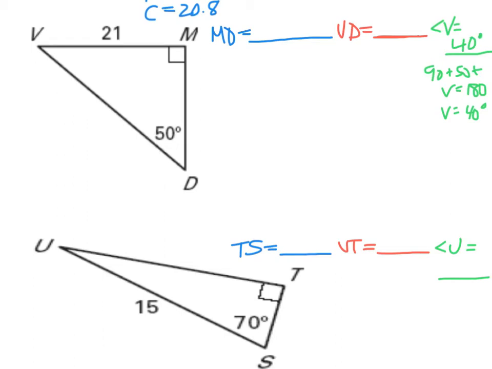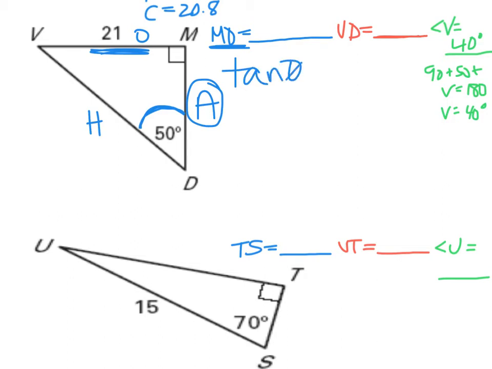Now we're going to find our HOA from my original angle. And I'm going to try to find MD first, which means I'm going to use A, and I have information at O, so I'm going to use tangent.